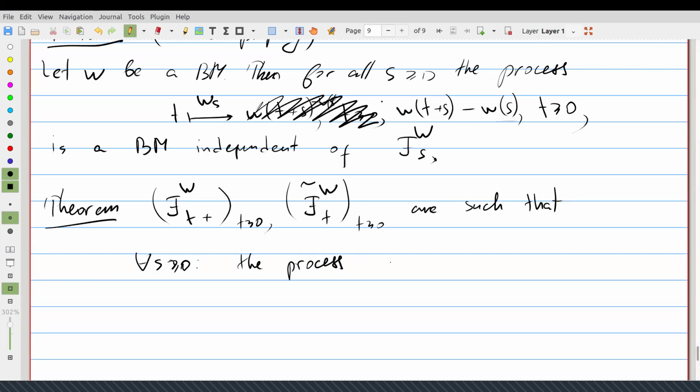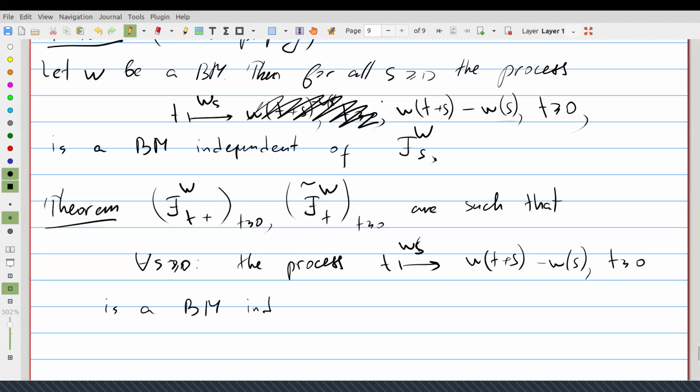The same process, which I will denote W_s, is a Brownian motion independent of F^W_{s+} and F^W_s.